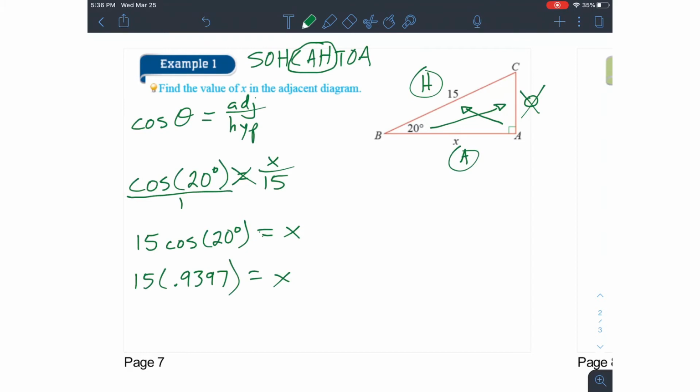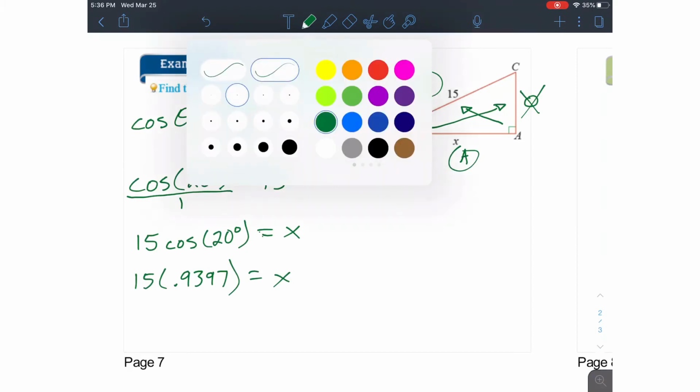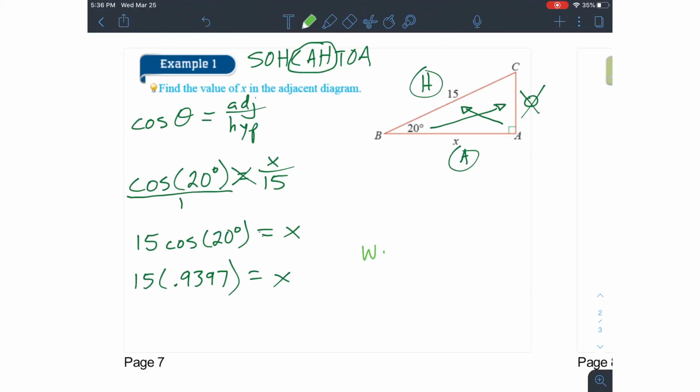Now, one thing I want you to be aware of. In your work, write 0.9397. But in your calculator, I do not want you to be rounding to that.